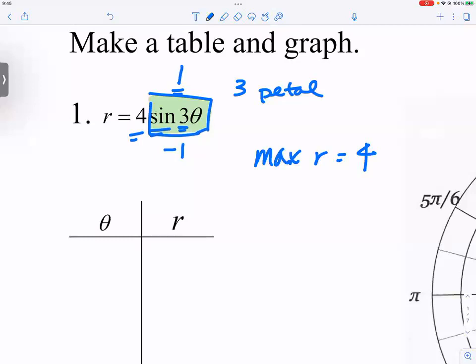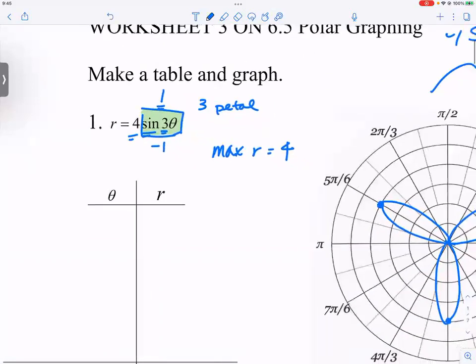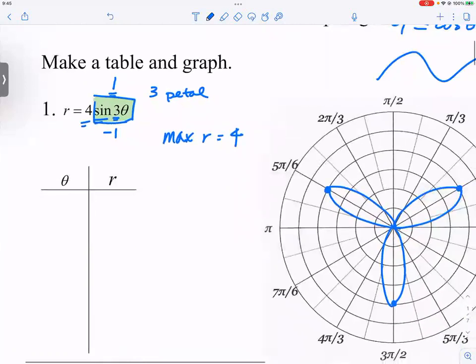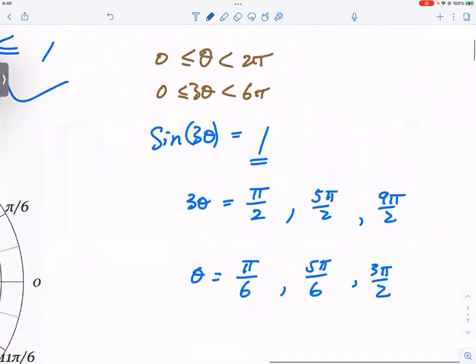Now, should we consider the minimum r in this case? What we talked about in class the other day is that we could, but when you have an odd number for n, it just repeats itself. You may do another set of calculations for sine 3 theta equals -1.